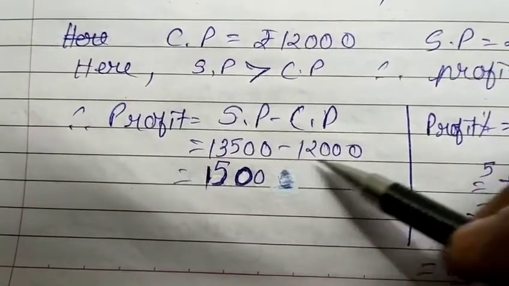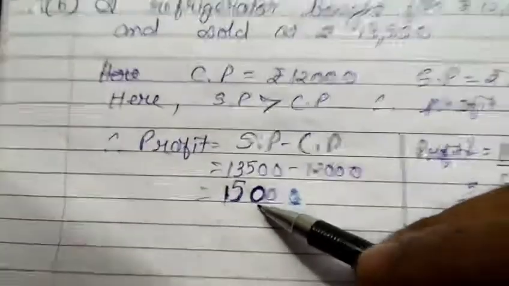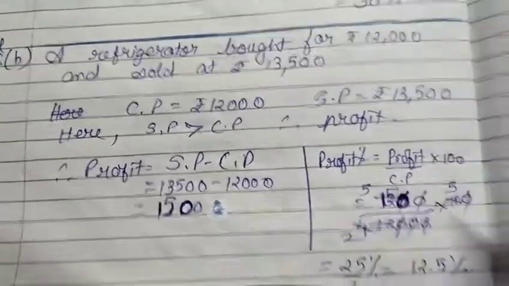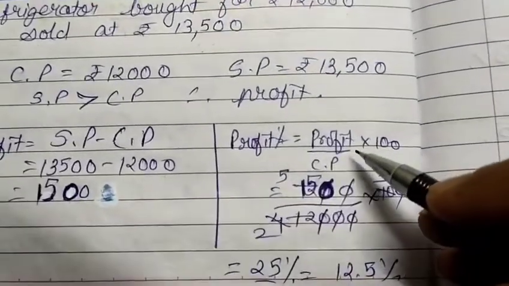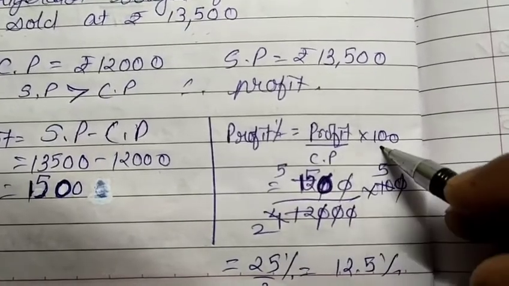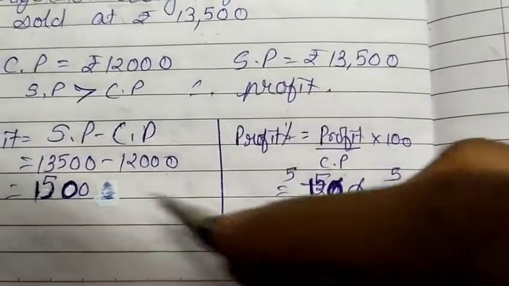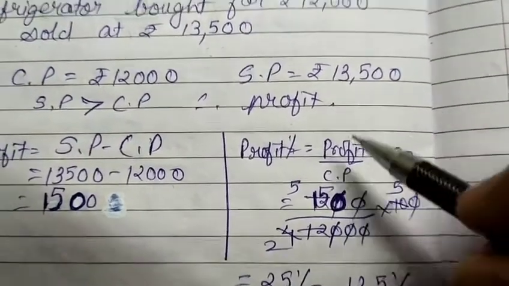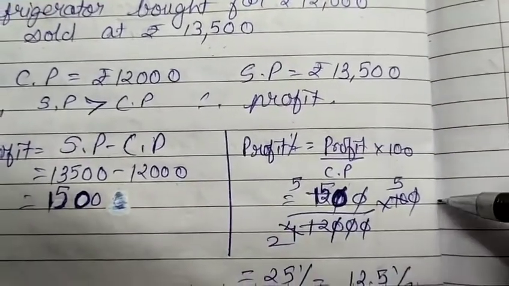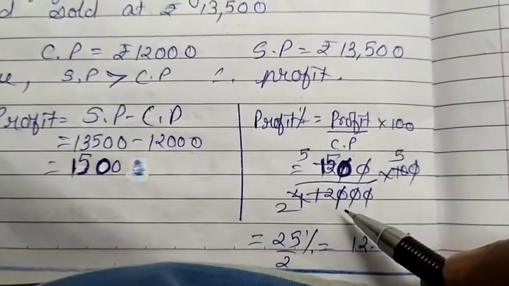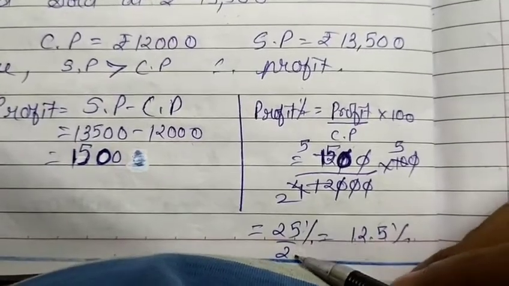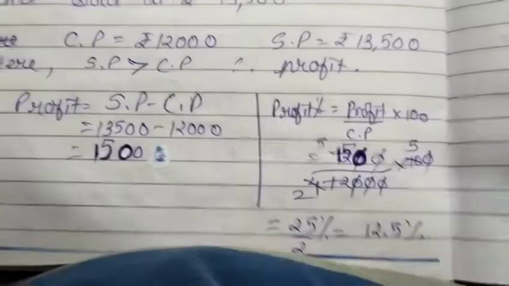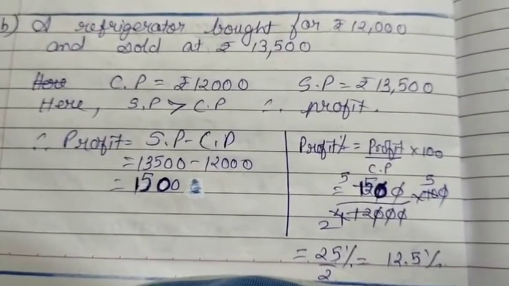SP is 13,500 minus 12,000, you will get 1,500 profit. Now let us find the profit percentage, that is profit divided by CP into 100. Profit is 1,500 divided by cost price, that is 12,000 into 100. When I do cancellation, at the end you will get 25 by 2, that is 12.5. There is a profit of 12.5%.